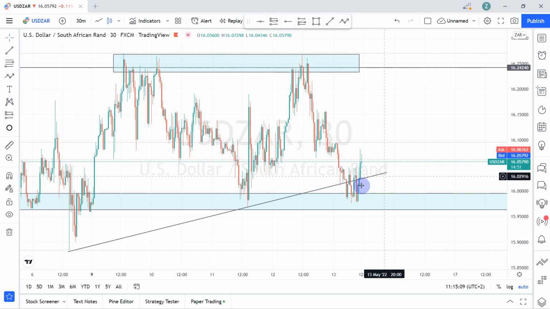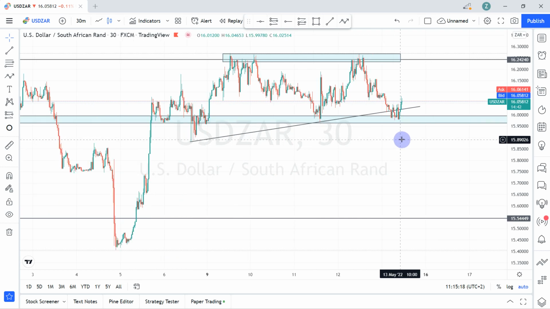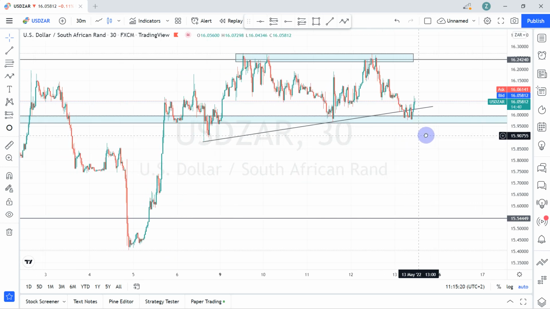Or it's a fake out of the breakout retest. So the market is not perfect. That's one thing you should always consider when you're analyzing.